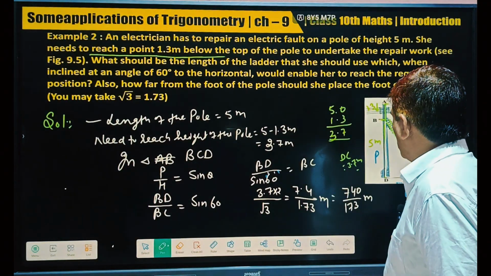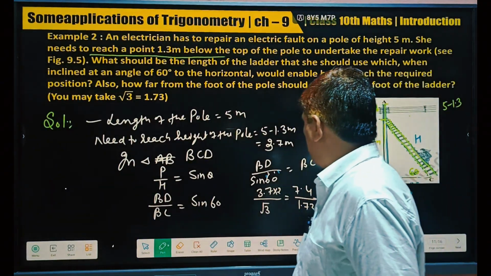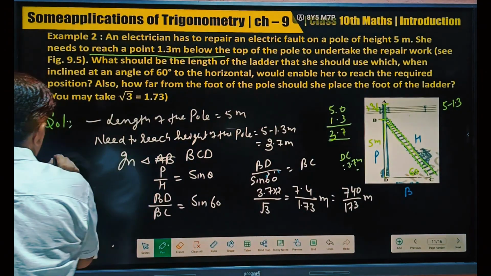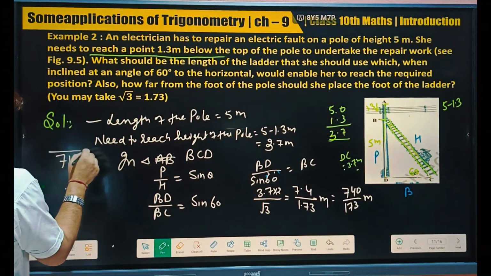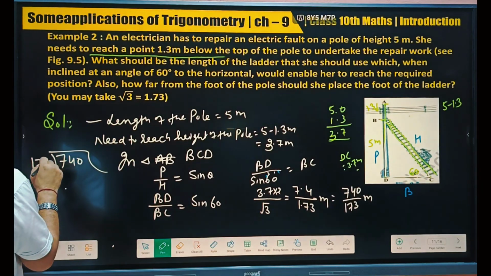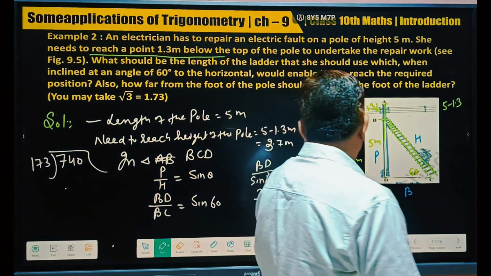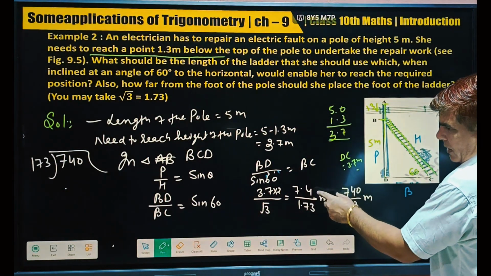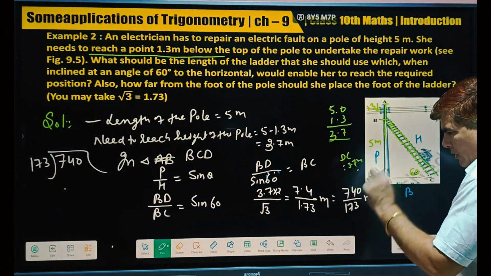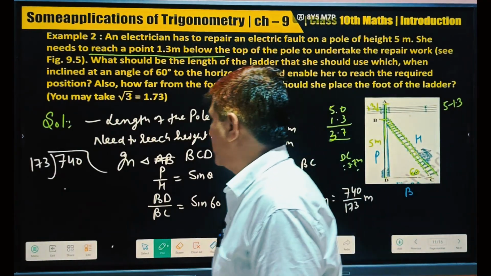Understood? Now you can solve it. This 740 divided by 173. How did 173 come, you know? Multiply with 100, divide by 10. So 100 and 10 cancel. In this way it's coming.